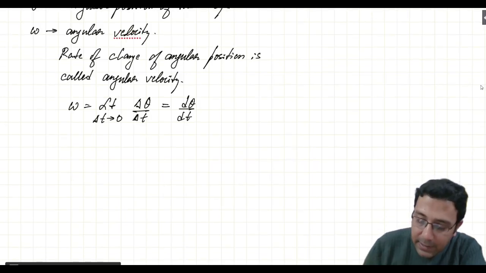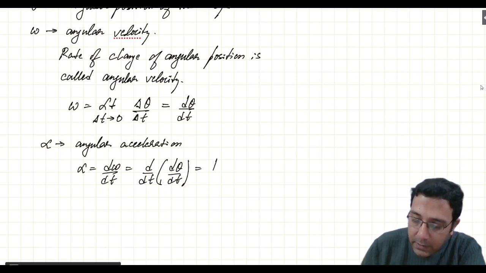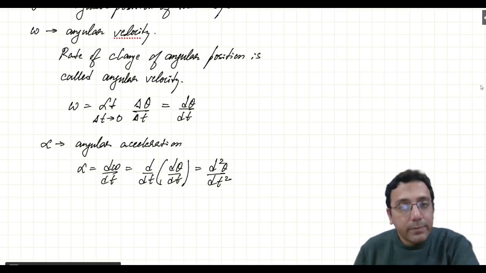Now angular acceleration, alpha, can be written as alpha equal to d omega by dt. So d by dt of d theta by dt, we can write as d2 theta by dt square.